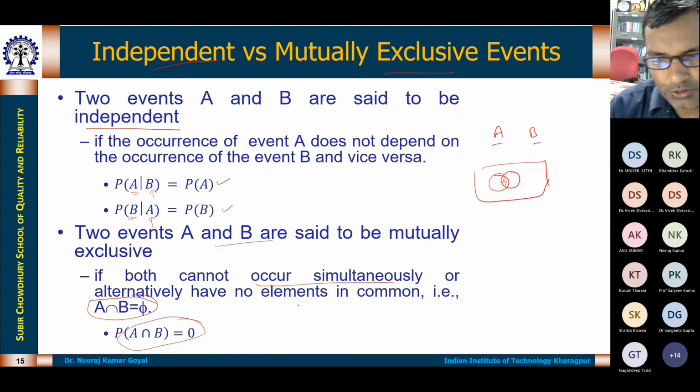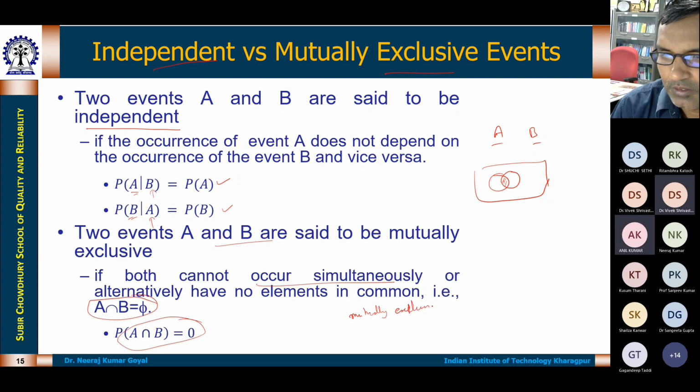So I usually ask one question: is mutually exclusive independent or not? Please quickly tell me what you think about it. If a coin is tossed and heads arises, there will be no possibility of occurrence of tails.